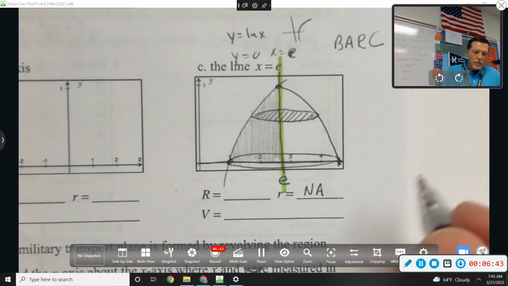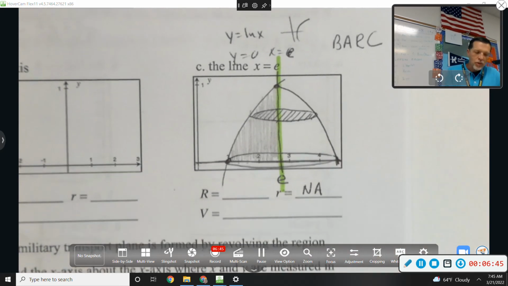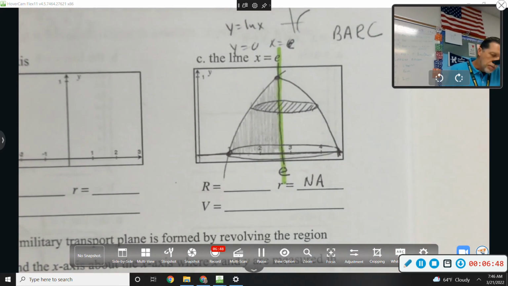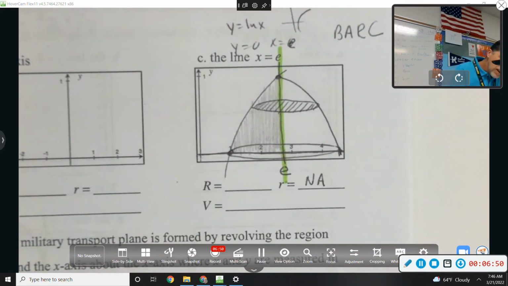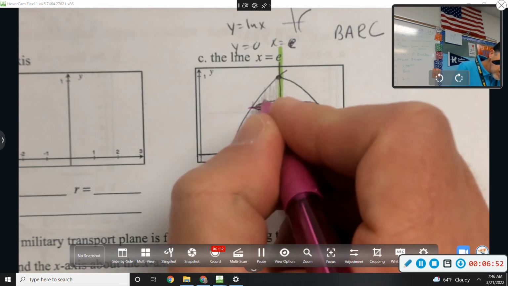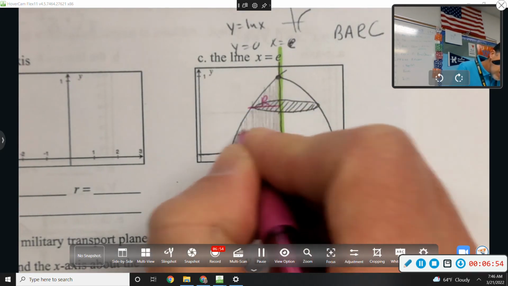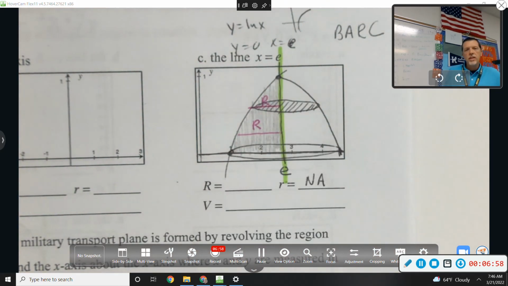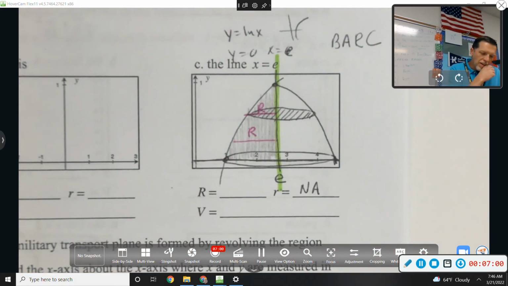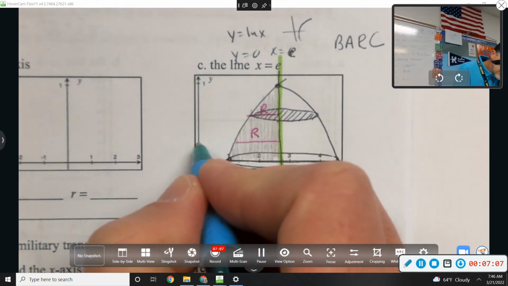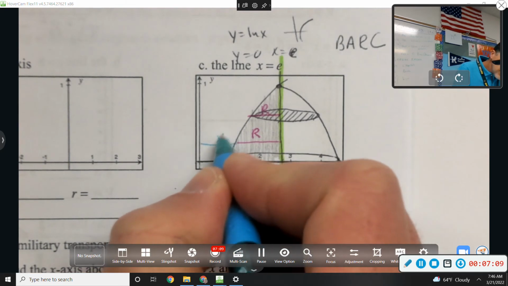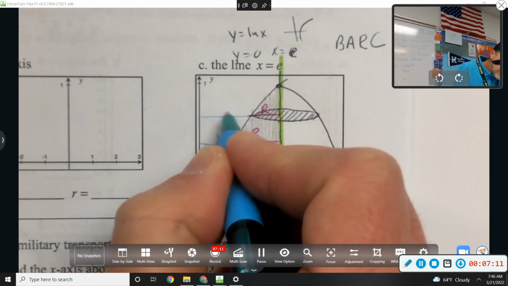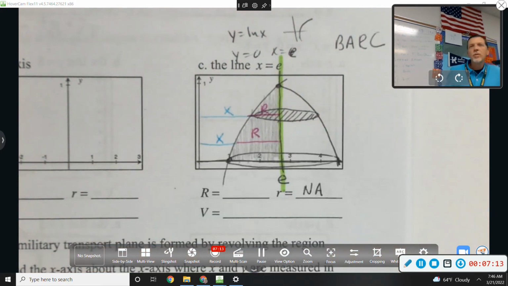So leave it blank, NA, 0, but don't put an x there. Big R. Okay, what's big R equal to?